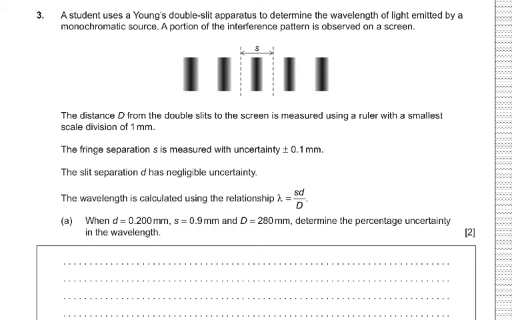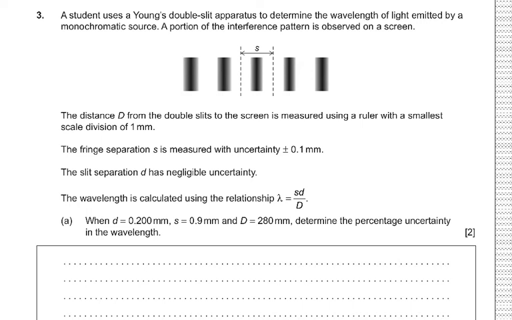It says the fringe separation s has an uncertainty of 0.1 millimeters, and the slit separation has a negligible uncertainty. And it says that the wavelength is calculated with lambda equals little s little d over big D. Lowercase d is 0.200 millimeters, s is 0.9 millimeters, and capital D is 280 millimeters. Find the percentage uncertainty in the wavelength.